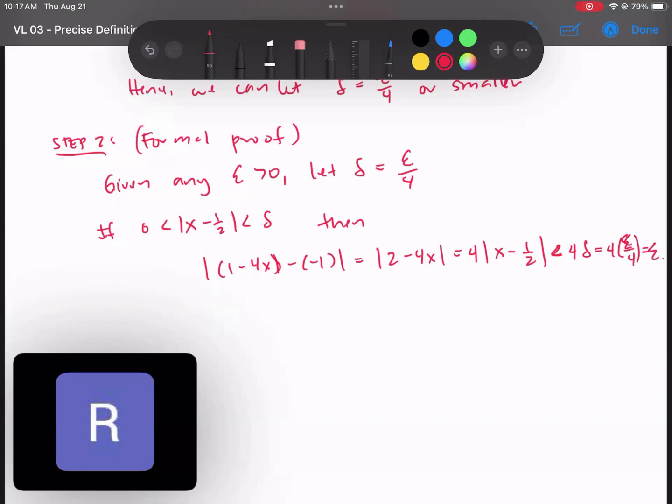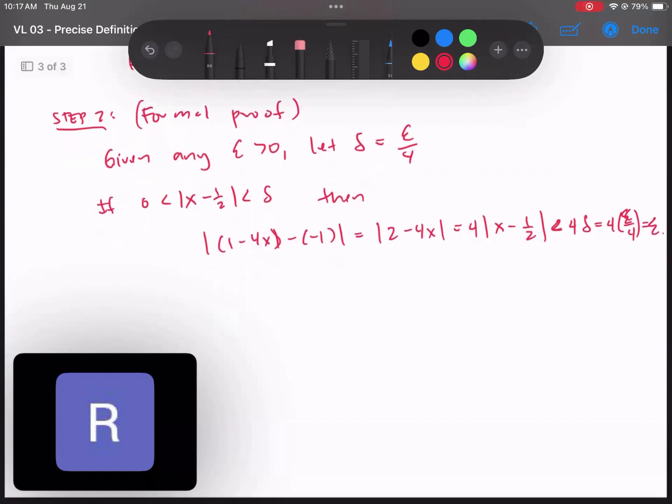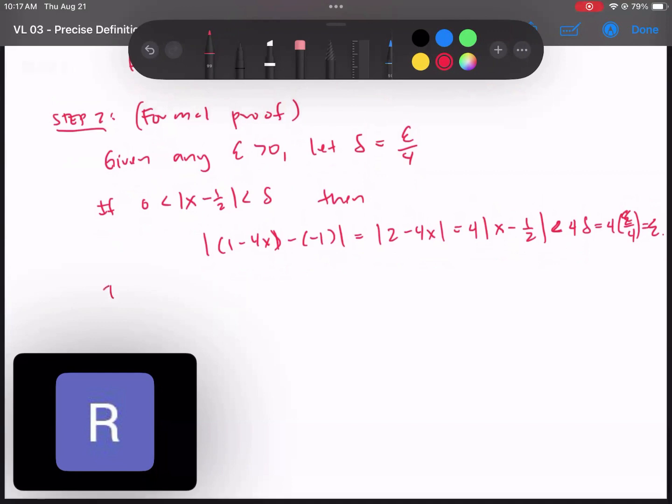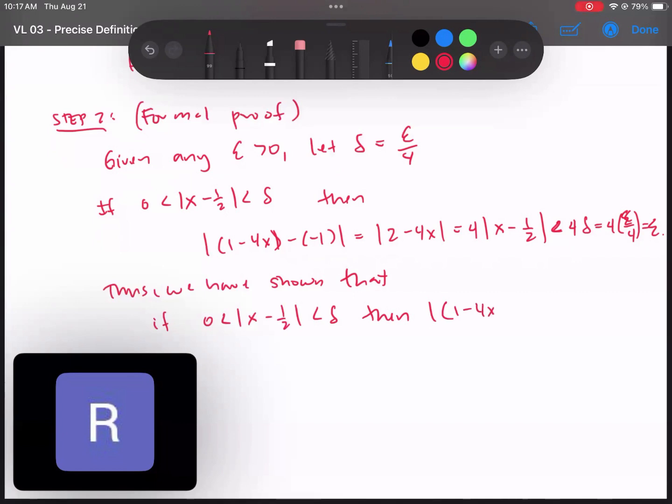Okay. So what have we actually shown? We have shown that thus, if 0 is less than the absolute value of x minus 1/2, less than delta, then your function, the absolute value of 1 minus 4x minus -1, is just less than epsilon.